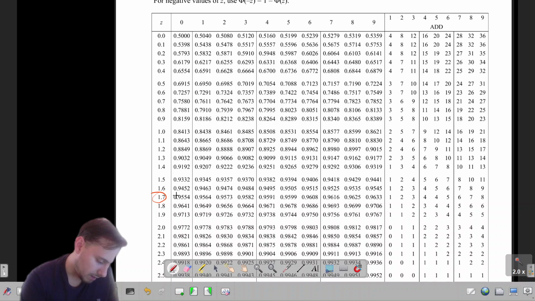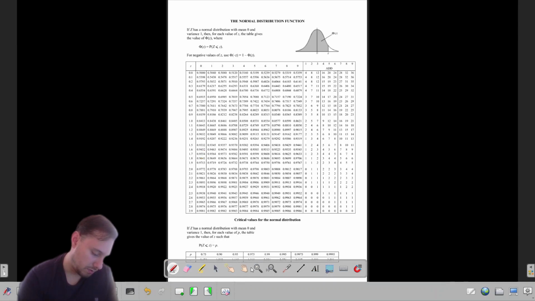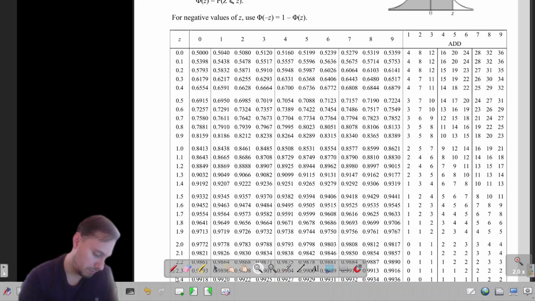So I'm going to be using this number here, 0.9554. So this is equal to 0.9554. And to that, I'm going to subtract the phi of 0.4. What is the phi of 0.4? Again, as we have no value for the second digit, that's going to be a 0.